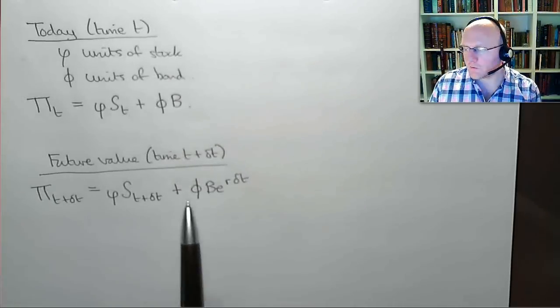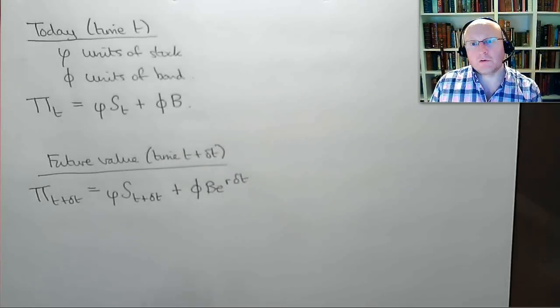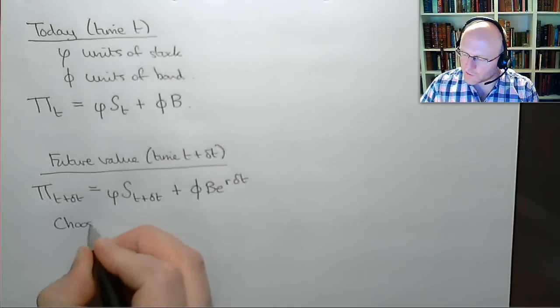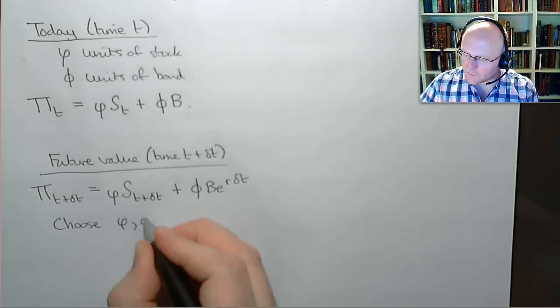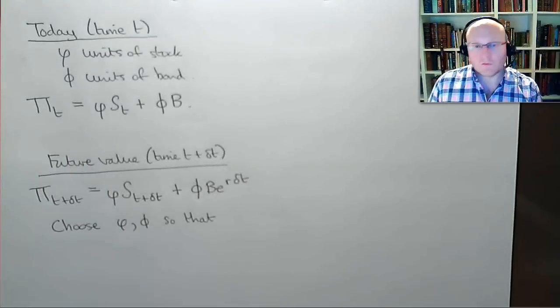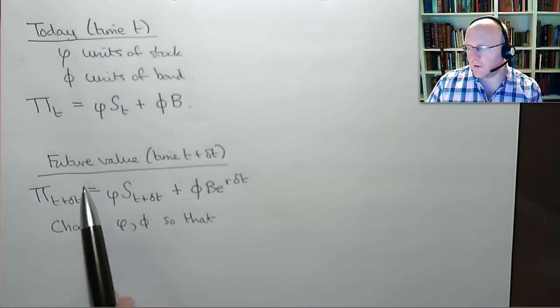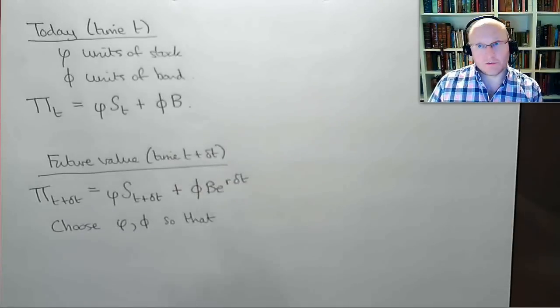And now the trick here is to get this expression to match the two possible future values of the option. So basically what we want to do here is to choose our two constants so that in all possible scenarios our portfolio value here matches our option value.